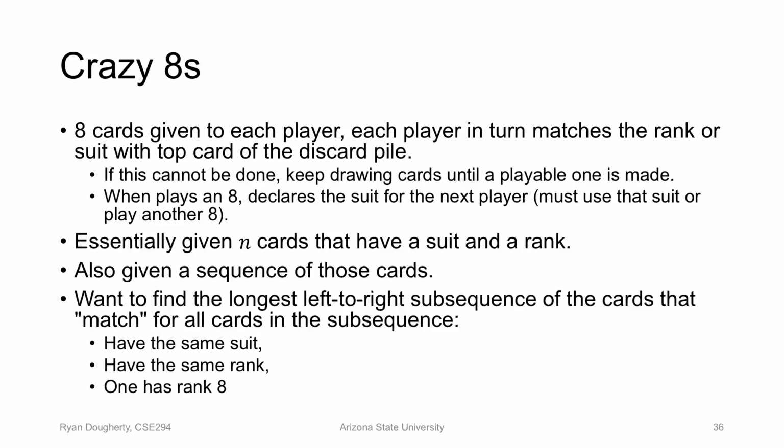Okay? So that's essentially the problem that I'm dealing with here. So I want the longest subsequence of this list of cards, such that each one that I choose from this long list has the same suit consecutively, or the same rank, or one of them has rank 8. Because if I choose rank 8, then I can choose the suit for the next one anyway.